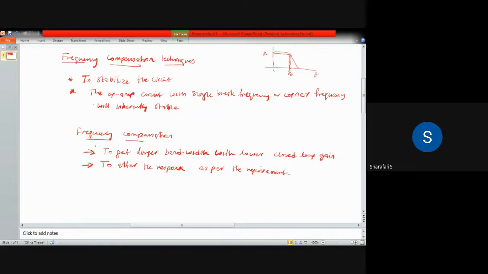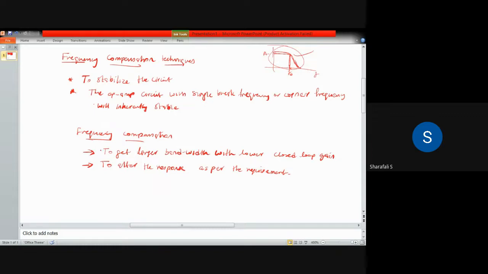One is to get larger bandwidth with a very low closed loop gain, and the other is to alter the response. If you want to change the frequency response of this particular op-amp circuit, then we have to use this compensation technique. Then we can arrange the gain of the system at different frequencies. These two are the important functions that we expect from the compensation.